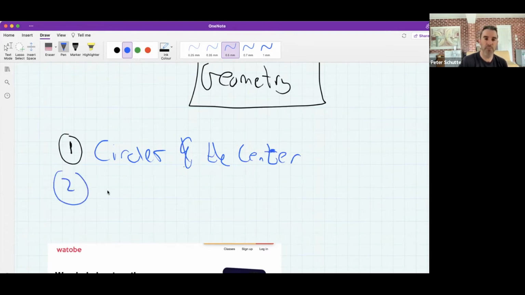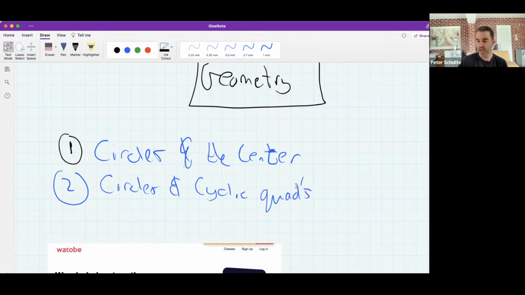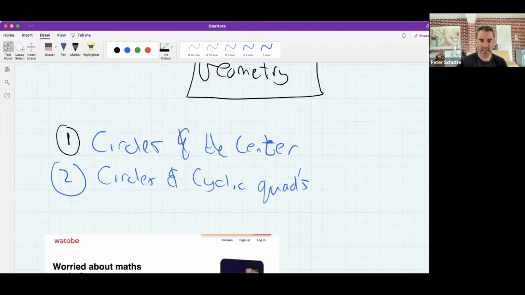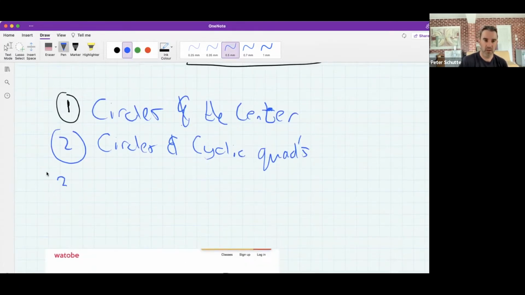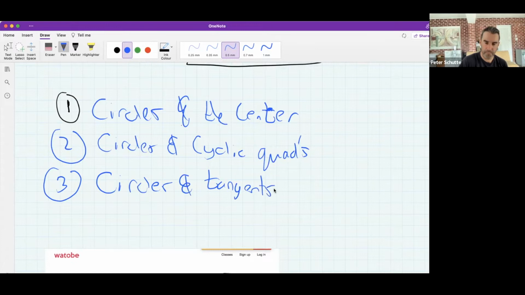Then the second group is circles and cyclic quads. And then the third group of facts that we need to know about to master circle geometry is circles and tangents. And so within each of these groups, there are specific theorems and facts that you need to know. But at a broad level, that's always how I think about it in my head.